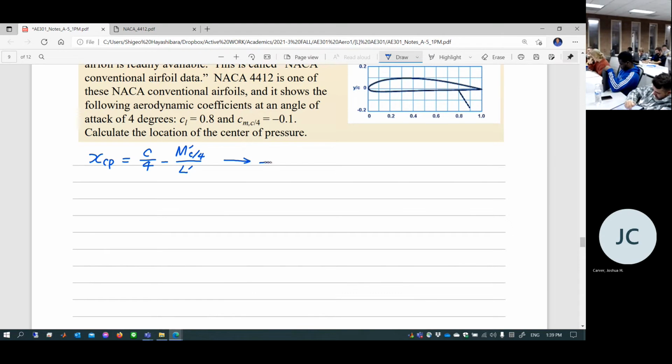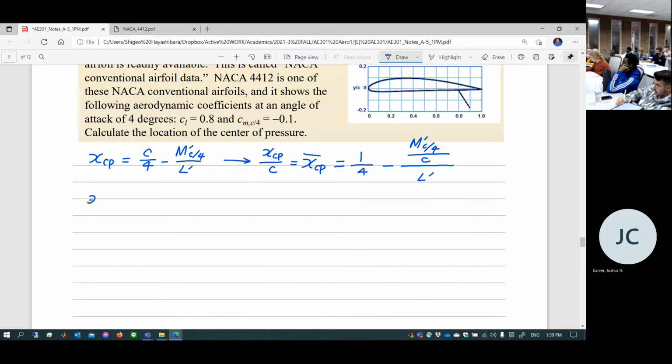So let's divide this equation by chord length C. We're going to call this XCP bar, the normalized distance, which now becomes 1 over 4, 0.25, minus M prime quarter chord divided by C, over L prime.